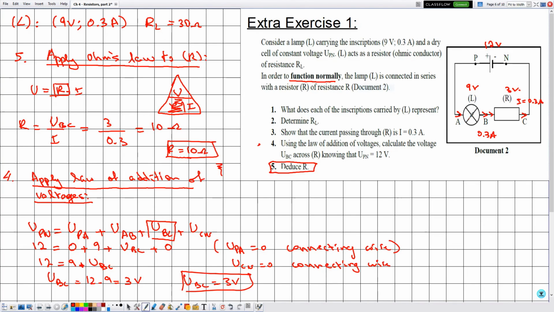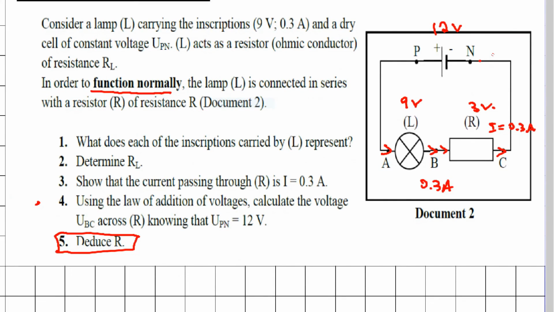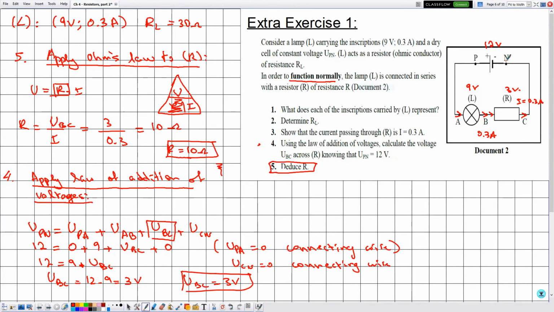Okay, so in order for the lamp L to function normally, one solution is to replace the battery by another battery having an applied voltage equal to the rated voltage. But in this case, this solution is commercially expensive, as batteries are usually expensive.